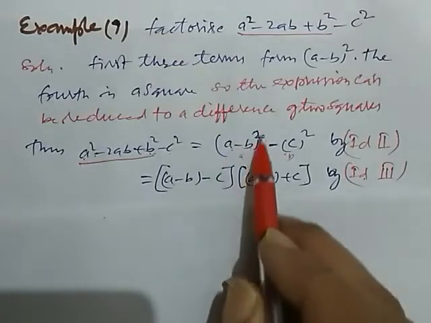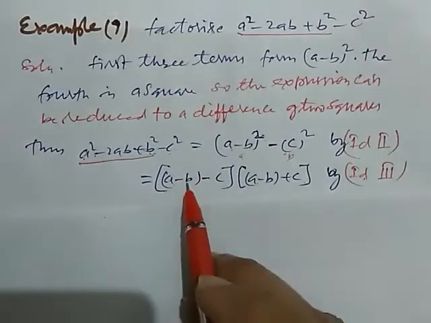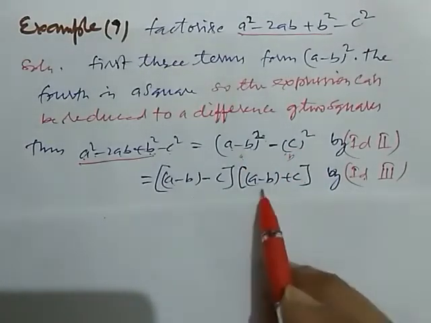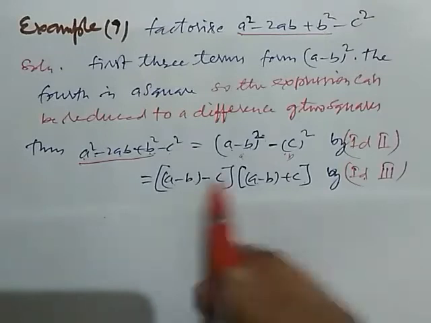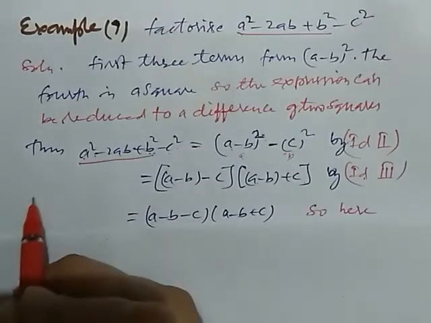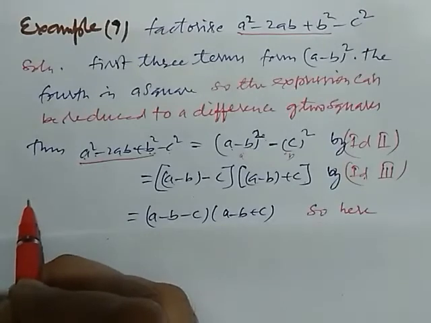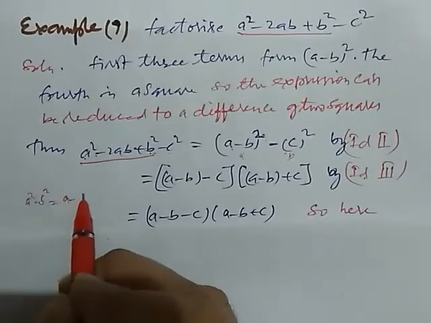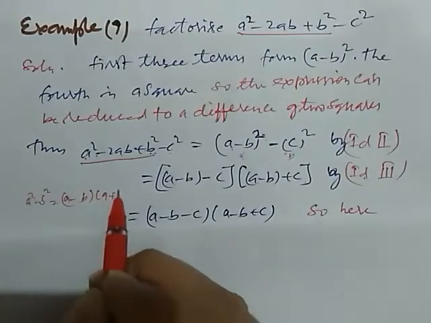So this whole behaves as a, so a minus b, and this as b, so c. Identity third expresses a square minus b square equals a minus b and a plus b.